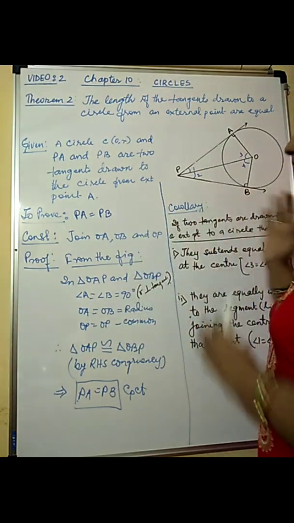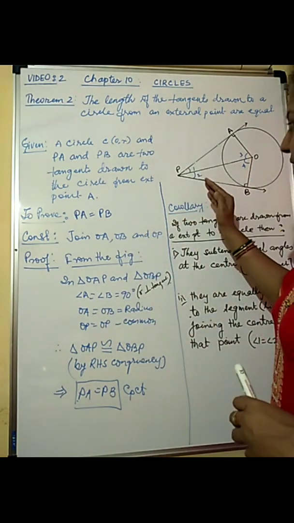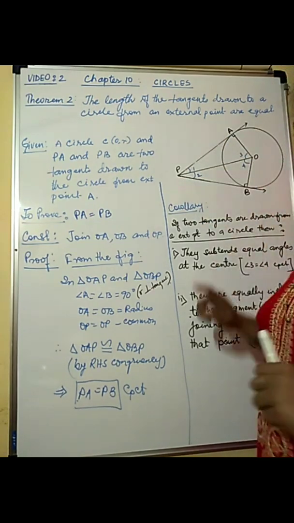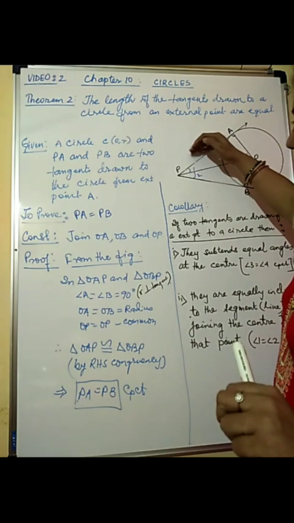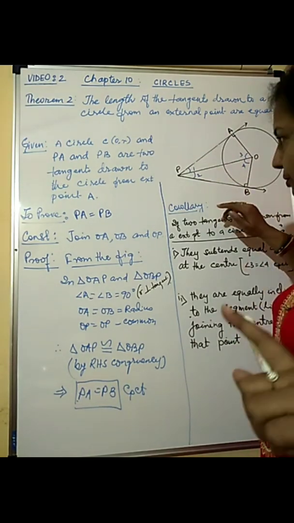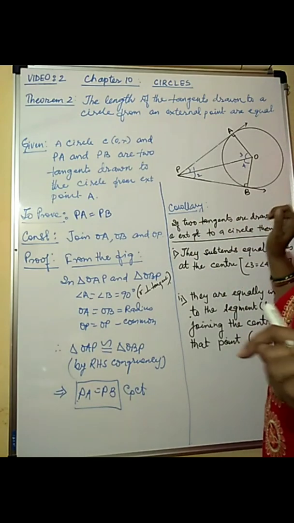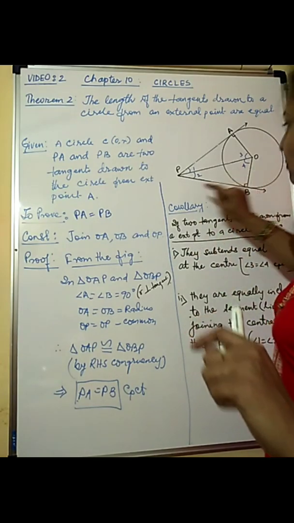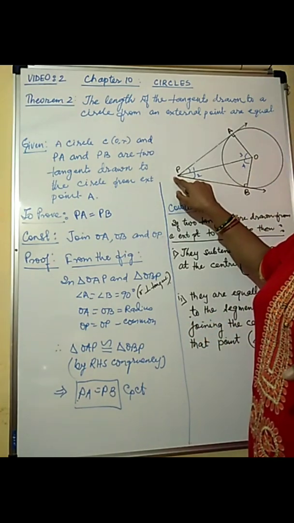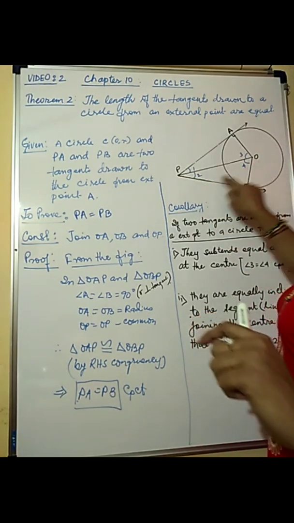They are equally inclined. So that means we can say that the tangents drawn from an exterior point to a circle are equally inclined to a line or to a segment which is drawn from the center to the exterior point. So this is one conclusion.